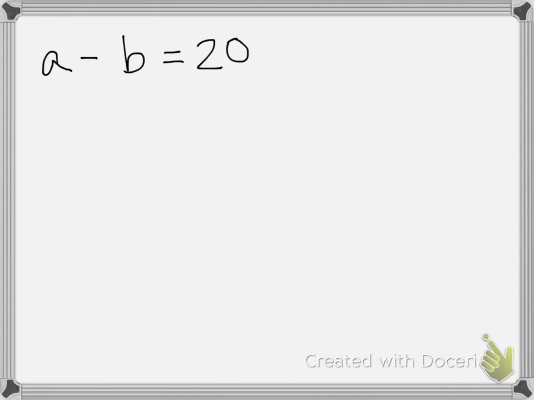So if we solve for one of the variables, A is going to be equal to 20 plus B. Now the second part, whose product is a minimum. So that should mean that A times B is equal to our product.